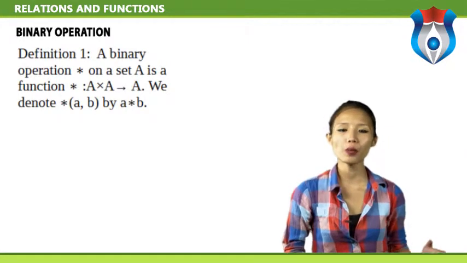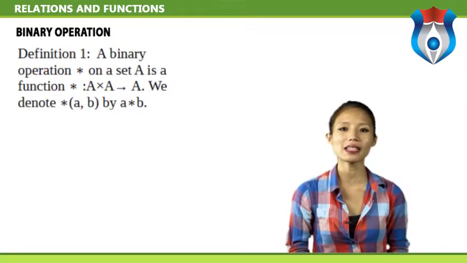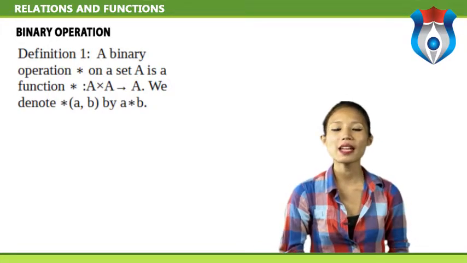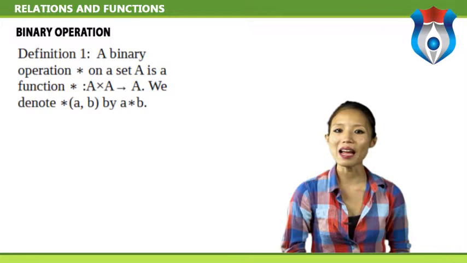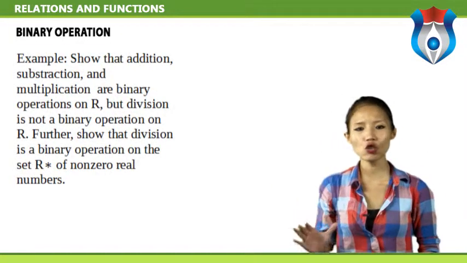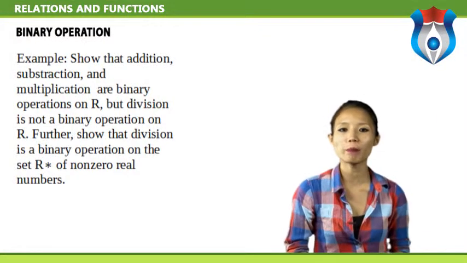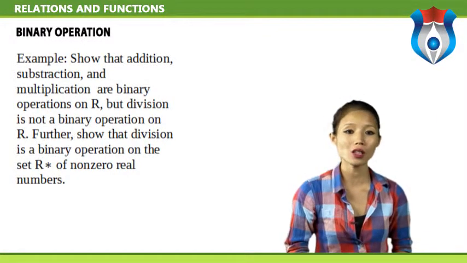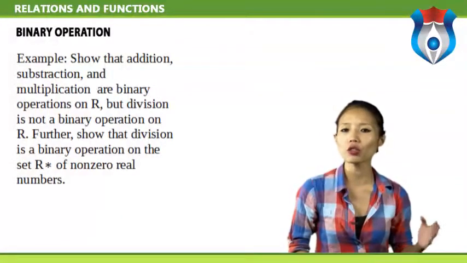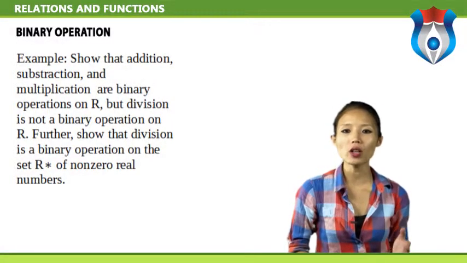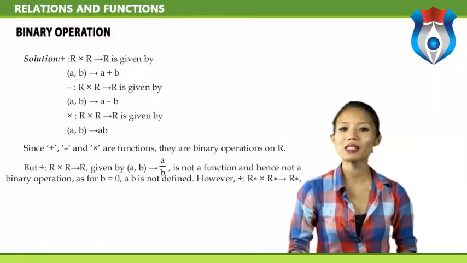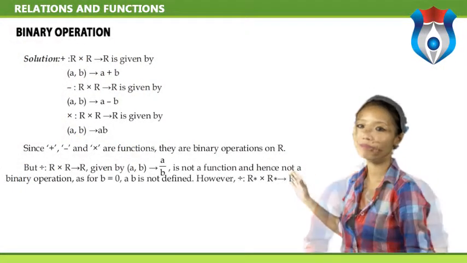A binary operation * on a set A is a function *: A × A → A. We denote it as shown on screen. Example: show that addition, subtraction and multiplication are binary operations on R, but division is not a binary operation on R. Further, show that division is a binary operation on the set R* of non-zero real numbers. The solution of this you can see on the screen.